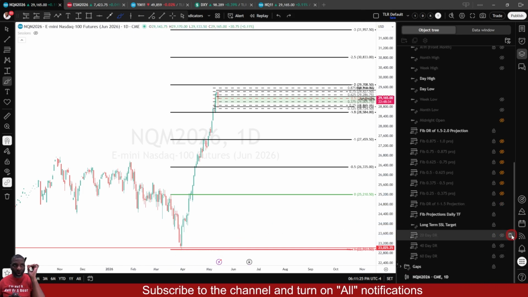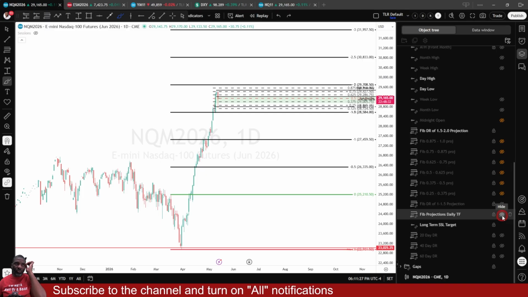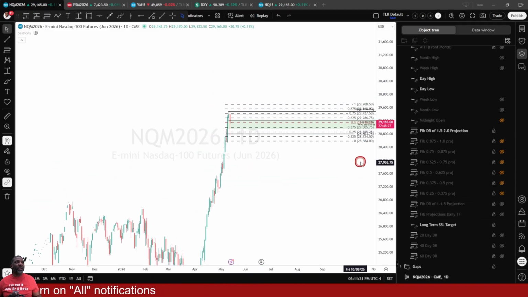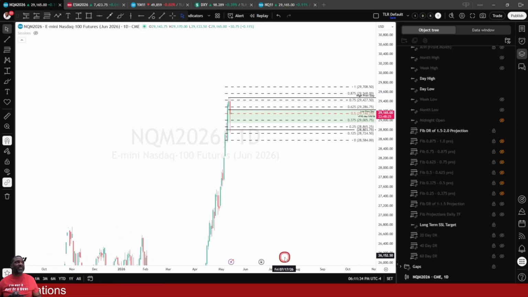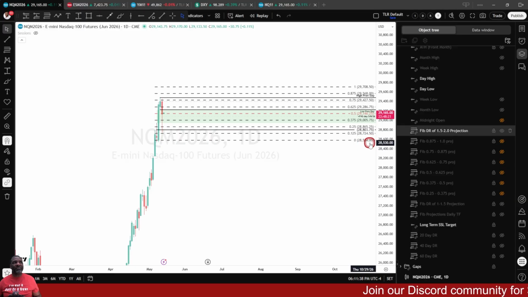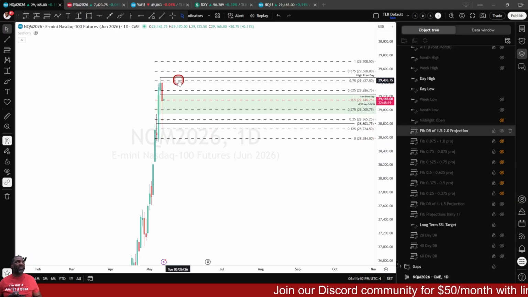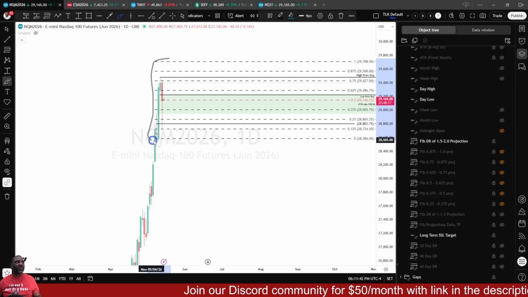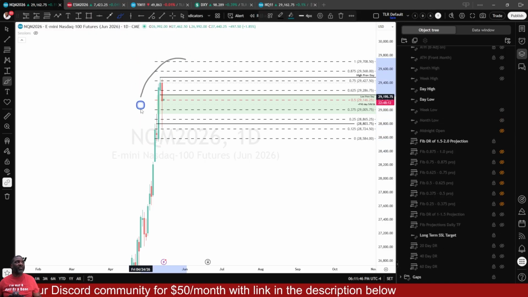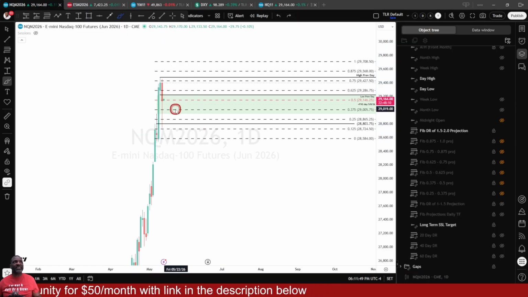And since we know that for a fact, we can attach a Fibonacci tool, anchor it at 29,708.50 and at 28,584 even, and that will give us some octants or quadrants, depending on how you want to grade it, that we can make our trading decisions off of.